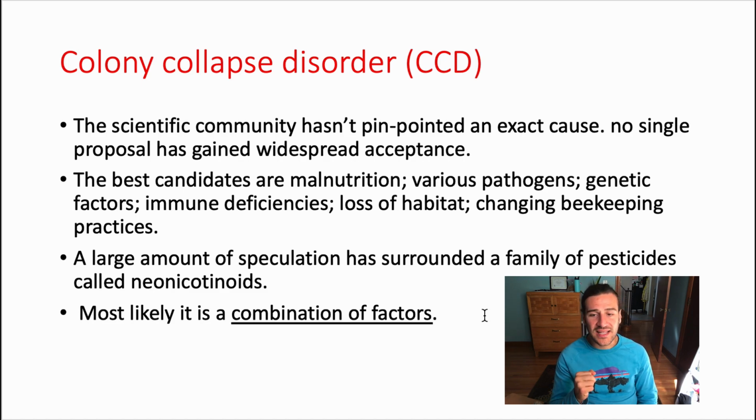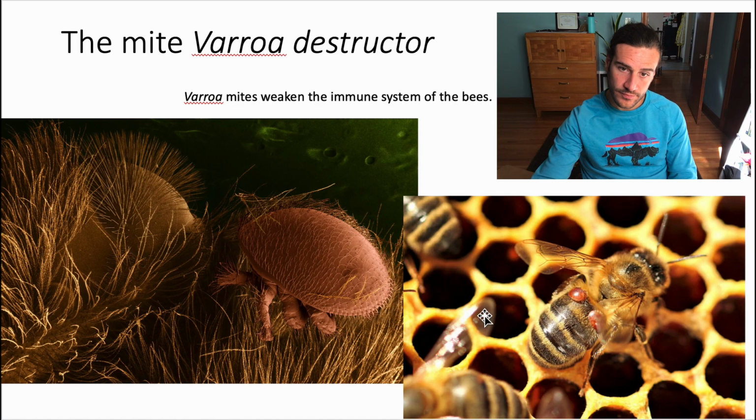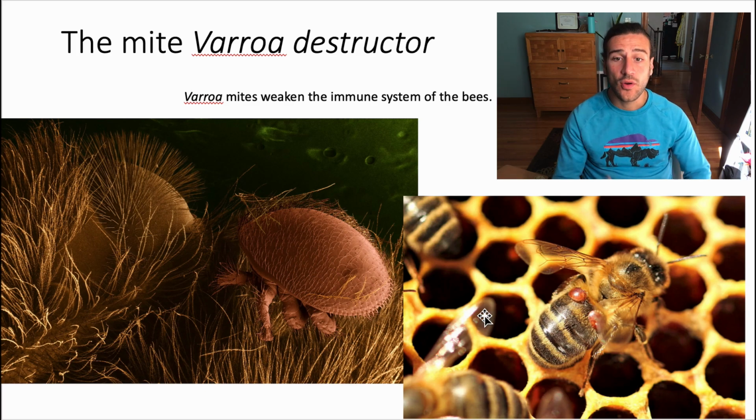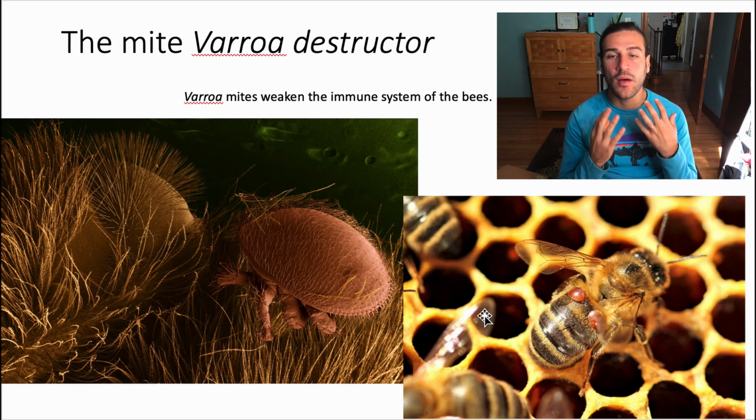But most likely it's a combination of factors. So it's not just going to be one factor. They all play a little role, and at the end of the day, we know that colonies are collapsing quite rapidly. One of the main culprits we think is this tiny mite.